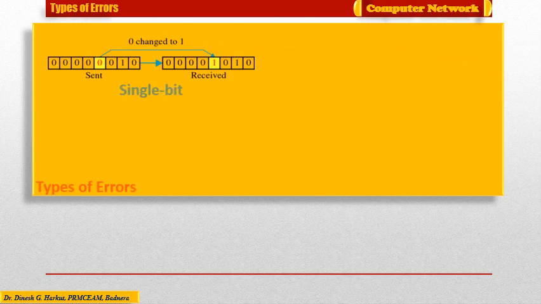One is single bit error, which means a single bit in the data is flipped during transmission, as shown. This is the original data sent by the sender and this is the received data. If you observe the data, you will see that a single bit has been flipped during the transmission. Hence it is termed a single bit error.